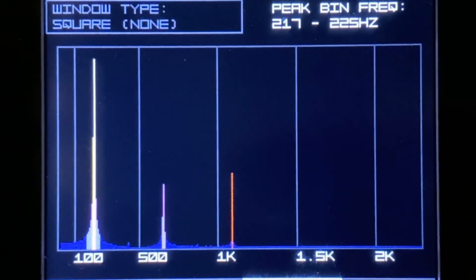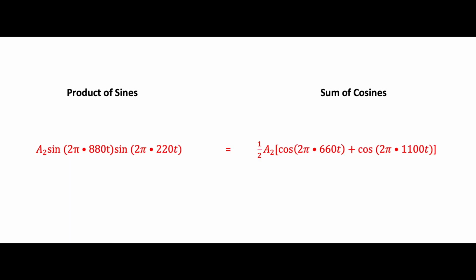If we look at the spectrum analyzer, we can see that there are two lower vertical bars, one of them between 500 and 1000, and the other one is just to the right of 1000. So the product to sum identity was very useful to help us understand why we were seeing and hearing what we did with this amplitude modulation.